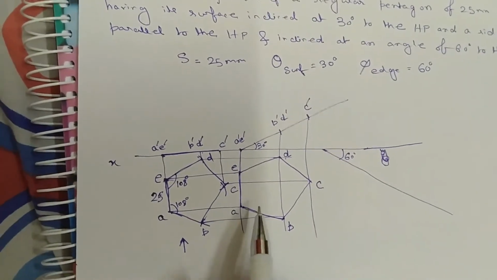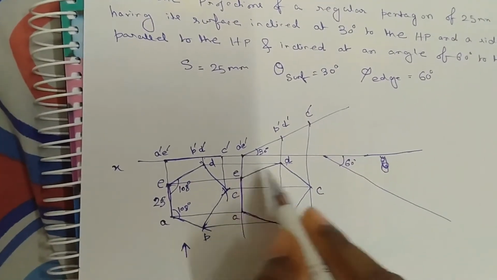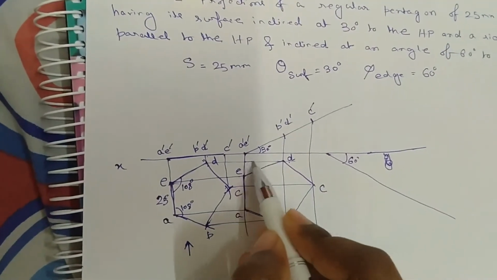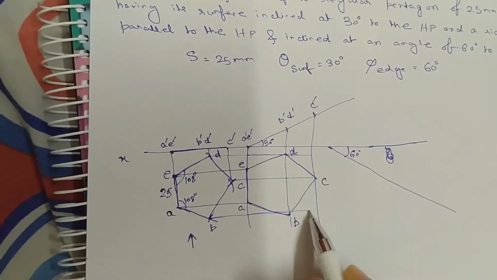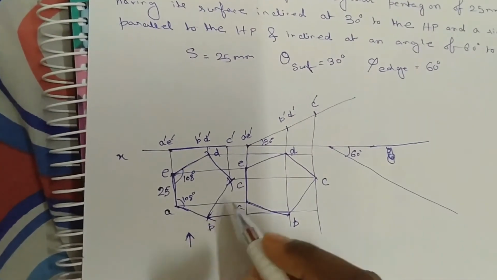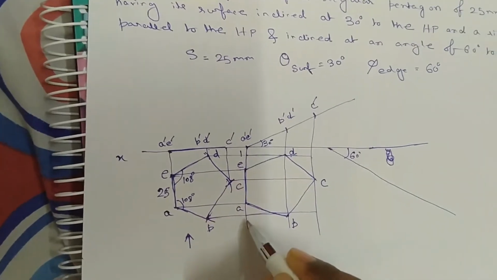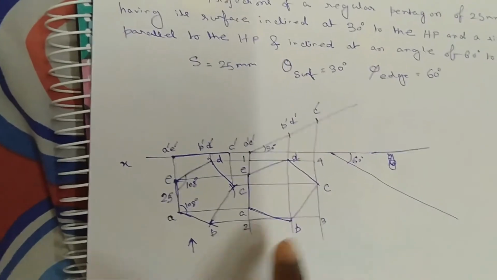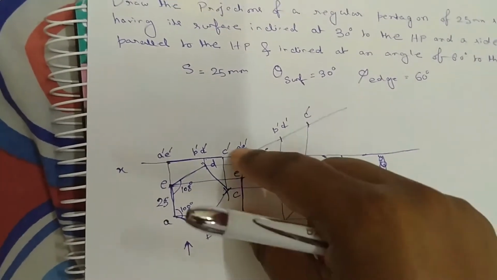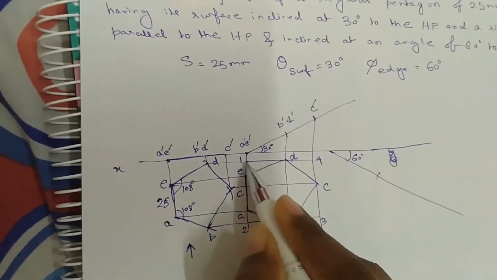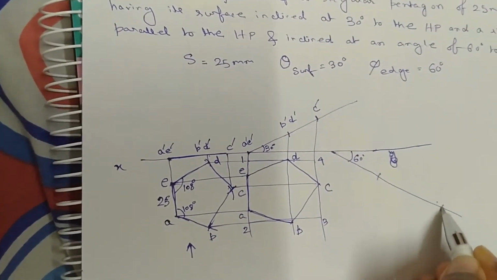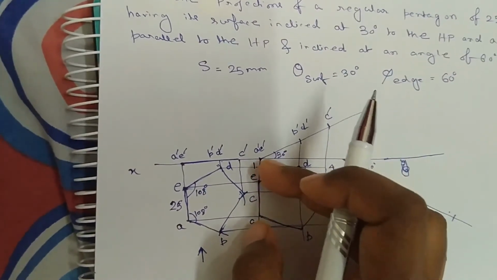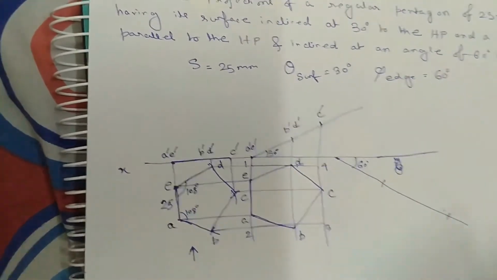After that, since we have to place this portion over here, we will make an imaginary rectangle over here. We will name it 1, 2, 3 and 4. So AB will be, 1 and 2 will be over here, like that. You will measure this with your divider and take it over here.